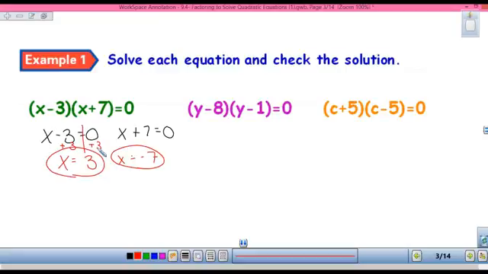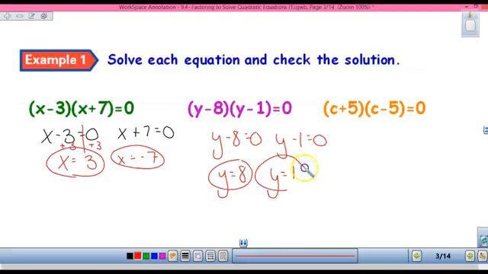All right, so my two equations here: y minus 8 equals 0, y minus 1 equals 0. So y equals 8, y equals 1.